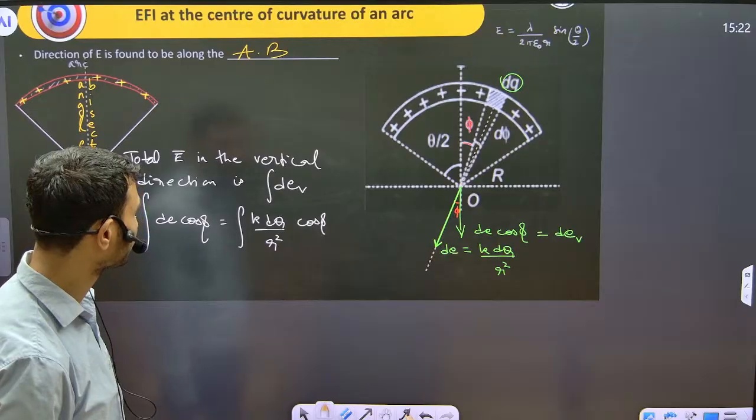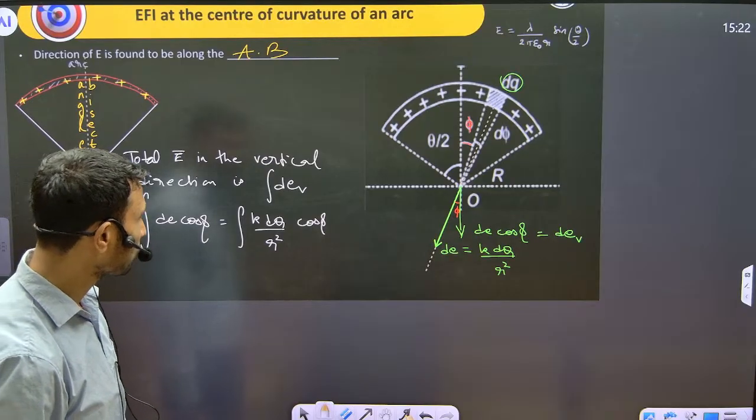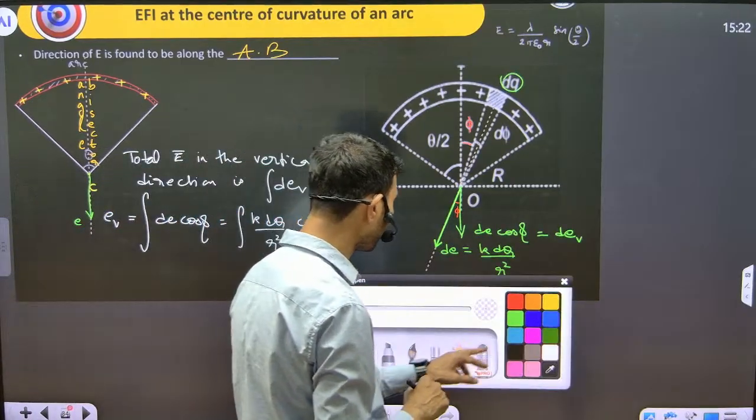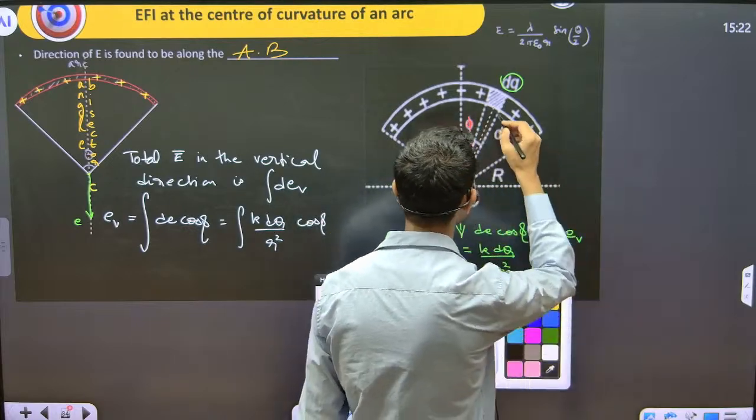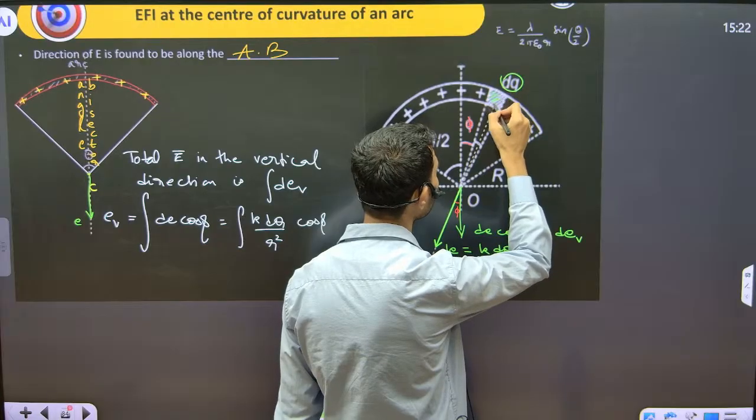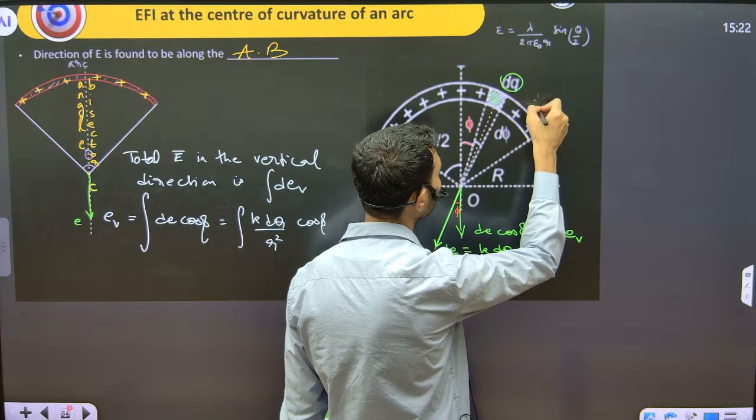Right. Then what I can do is write dq. This charge is dq, right? So dq can be written as what?